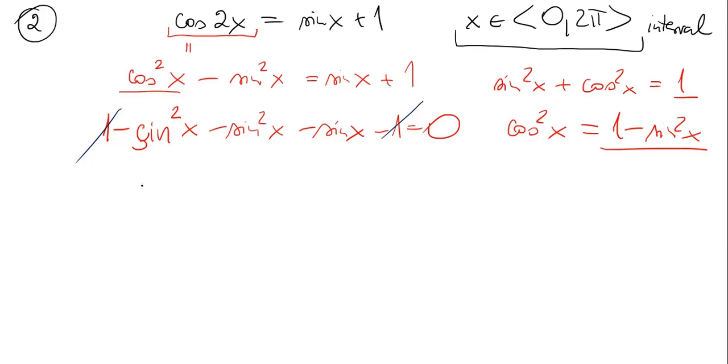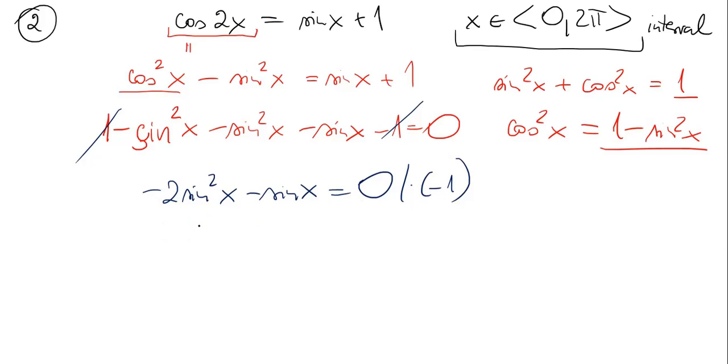Okay, so it's 1 minus sine squared x minus sine squared x minus sine x minus 1 equals 0. So I took everything to the left side already, and now we can see that the 1 and negative 1 are gone, and then we have minus 2 sine squared x minus sine x, and it looks so much better now.